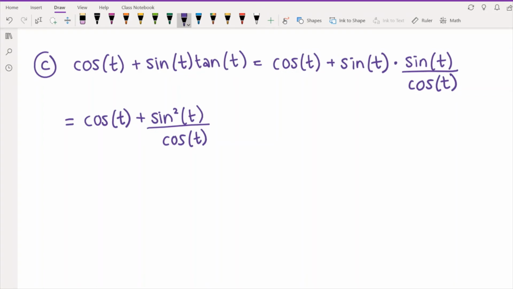Once you have a fraction introduced like this and you're adding or subtracting things, that's a good hint that you want to make a common denominator. So what would be the common denominator in this case? Well, really our only candidate is cosine. So we're going to multiply cosine of t by cosine of t over cosine of t.